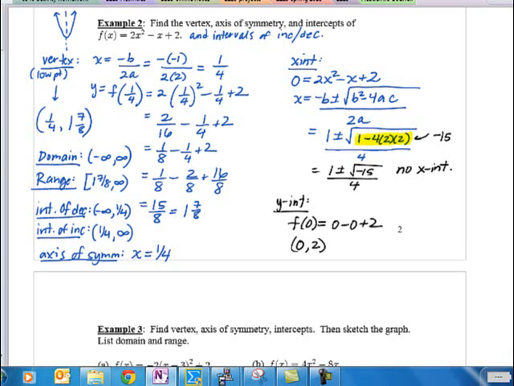One other note here, if we had been thinking about the vertex and the graph, we found that the vertex was 1/4, 1 7/8. So over here in quadrant 1, and we knew the graph opened upward. So just based on the graph, we could have concluded that there were no x-intercepts.